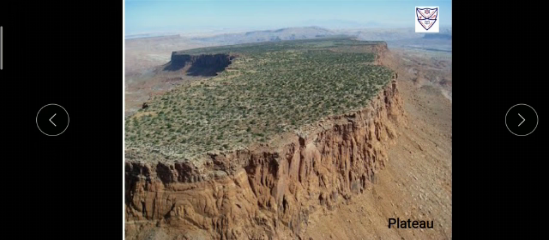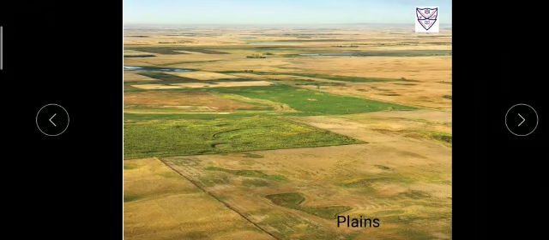It's not only that we have volcanic mountains, but we also have lava plateaus, which are rich in black soil that is fertile and good for cultivation. Now this is a plain, a flat surface where you can see lots of greenery. Plains are large stretches of flat land.